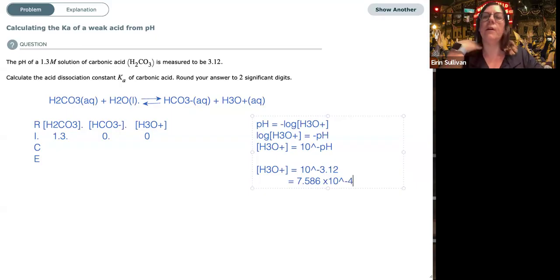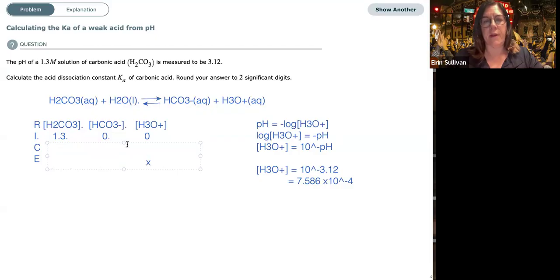Obviously, if you're doing an ICE table and you didn't know the pH, so you didn't know the concentration of hydronium at equilibrium, this would be where you would put X into your ICE table. So you say, okay, if my equilibrium concentration of H+ or hydronium is going to be X, then I could work backwards from that.